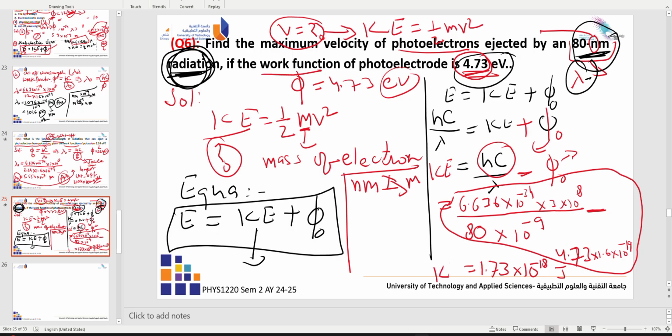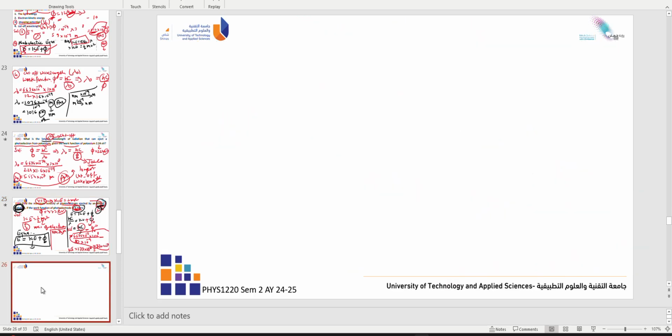So this is the value of the kinetic energy coming. I found the value of the kinetic energy, 1.73 times 10 to the power minus 18 in the unit of joule.